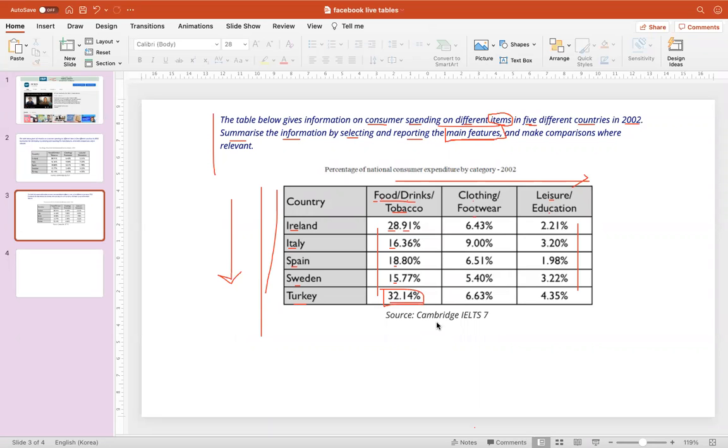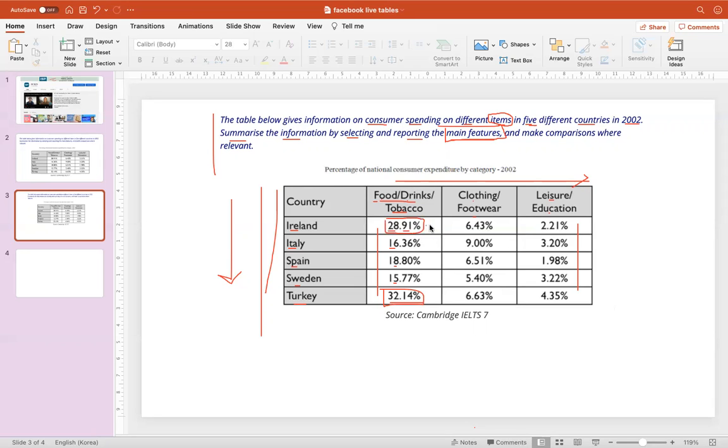So the job now is to go through the numbers and find the exceptional things. Okay, the things which jump out at you. Okay, the things which make you go, oh, okay, wow, that's high or that's low. You know. So if we go to the next, I'm also going to highlight Ireland because that's exceptionally high.